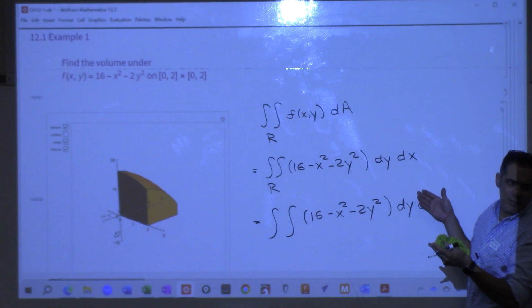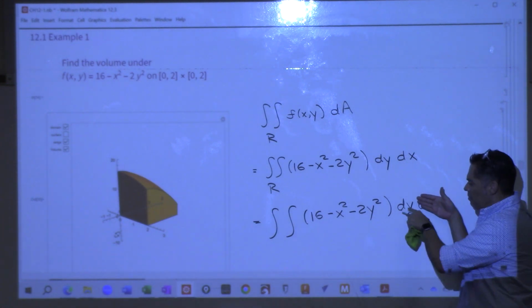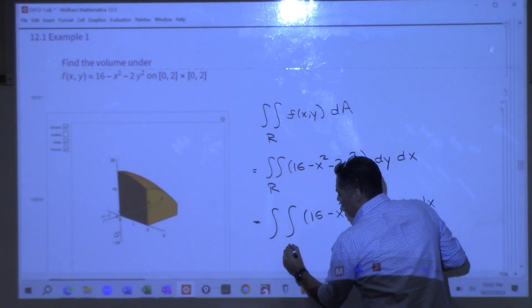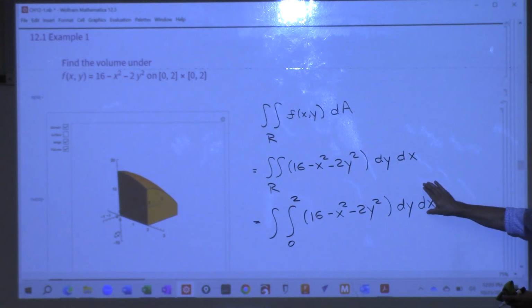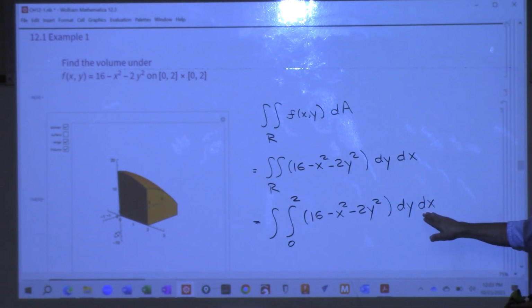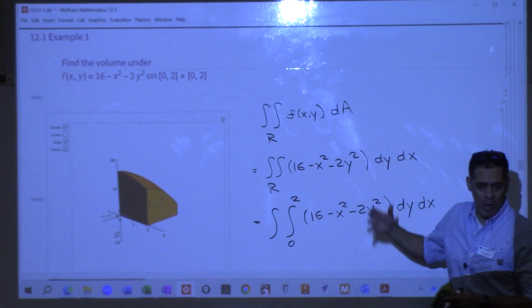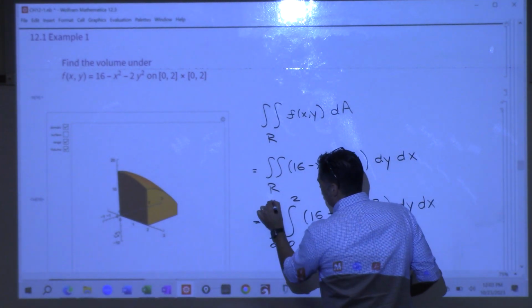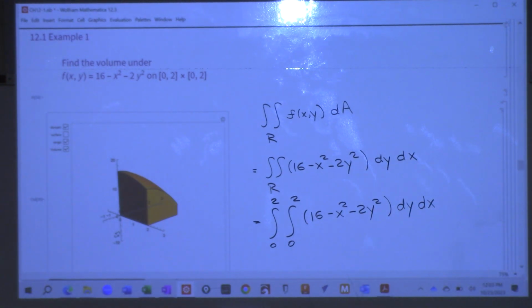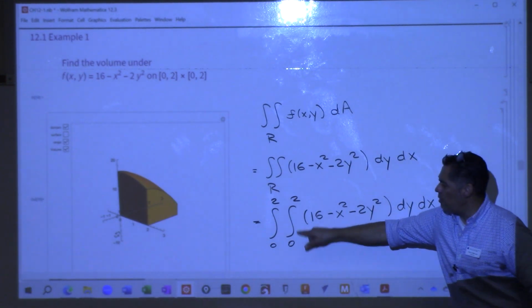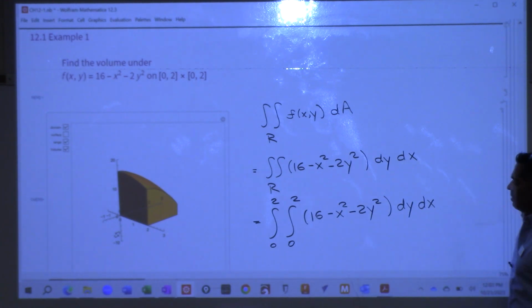Right, they're the same for x and y, but I want to make sure you understand. I'm looking right now for my limits on y, which were 0 to 2. And then the outer integral that I'm going to do is with respect to x, and that goes from 0 to 2 as well. So you can't really get this one wrong because they're the same. But if y went from 0 to 3, then we want 0 to 3 on the inside one, right?